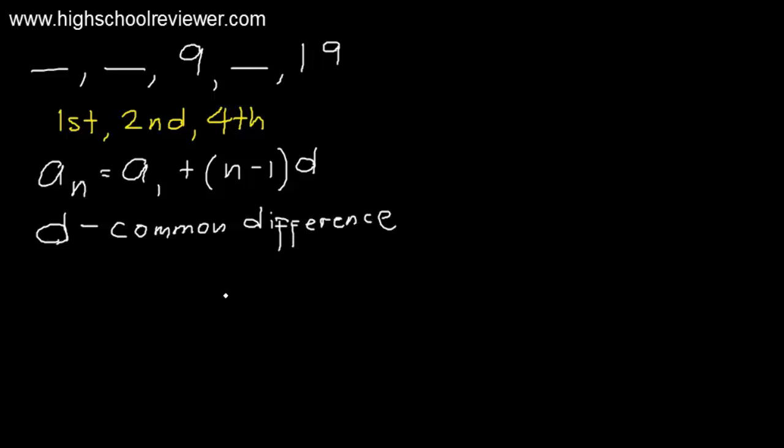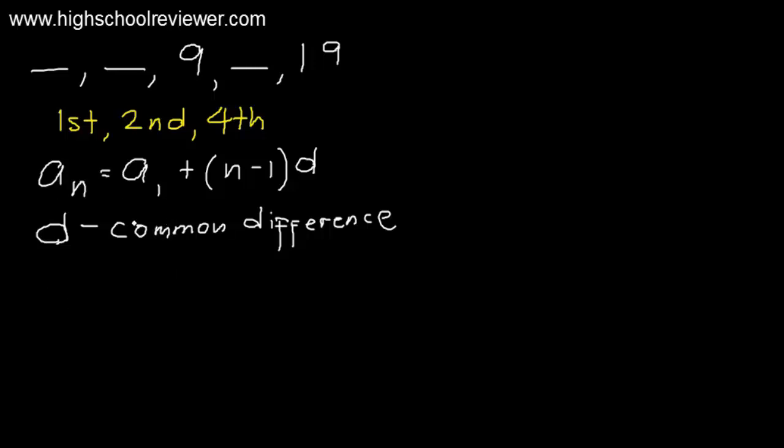To find the common difference, we need to subtract two consecutive terms. But looking at our problem, there are no two consecutive terms. And since there is no a sub 1, we also need to find a sub 1 first. Let's try to find the value of the common difference first.